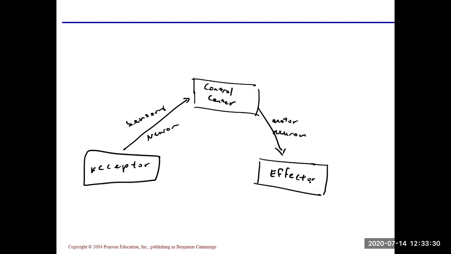We understood this part in the nervous system, we understood this part in the simple reflex physiology, we understood this part in homeostasis. That's pretty much the idea.